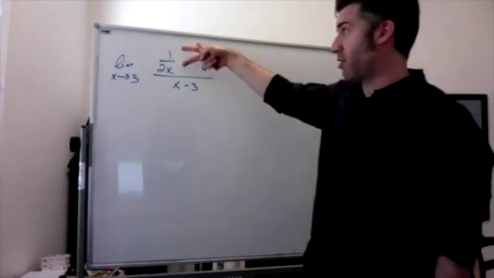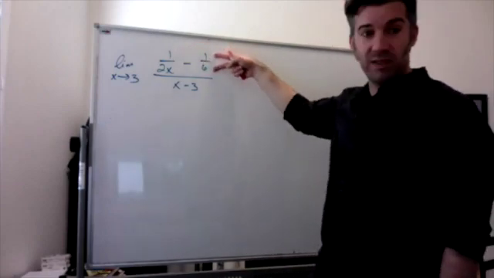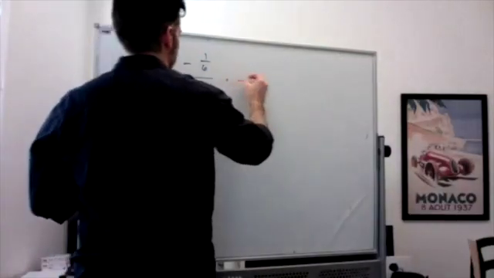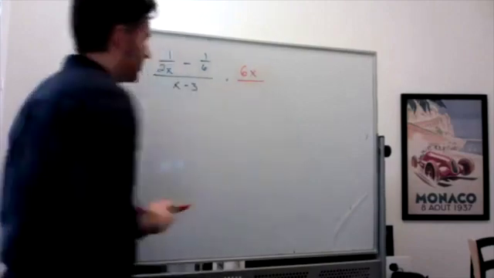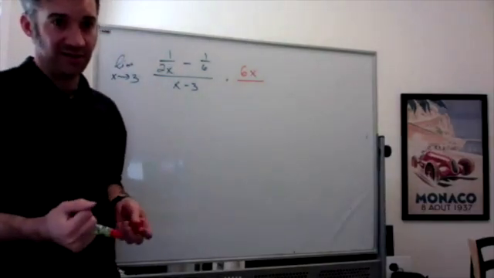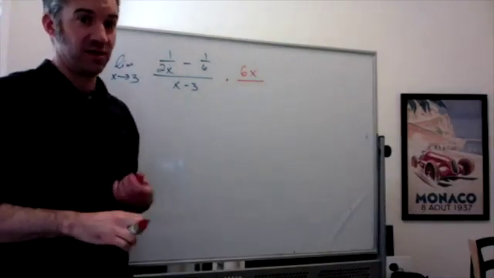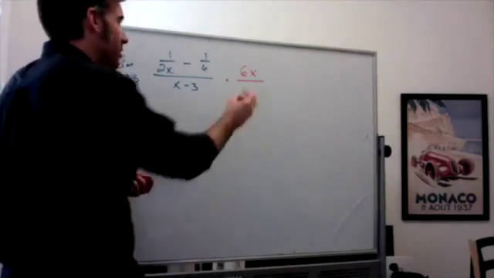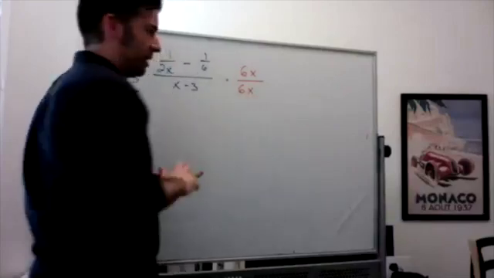The common denominator of 1 over 2x and 1 over 6 is 6x. So I'm going to multiply by 6x. But of course, we're not allowed to multiply by just 6x. We're really only allowed to multiply by 1, the only thing you can multiply by that doesn't change stuff. So we're going to multiply by 6x over 6x.